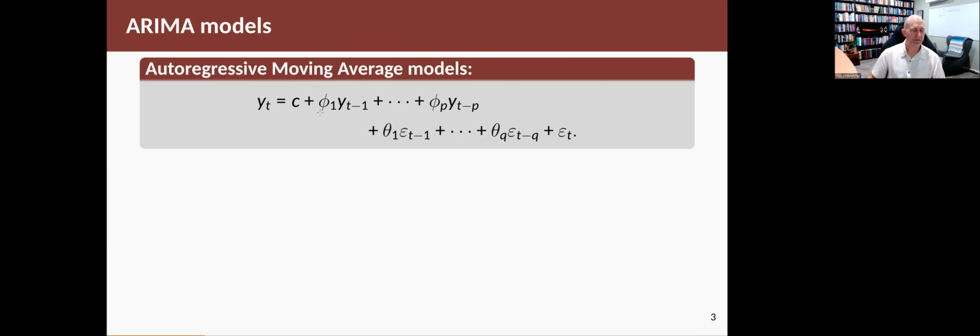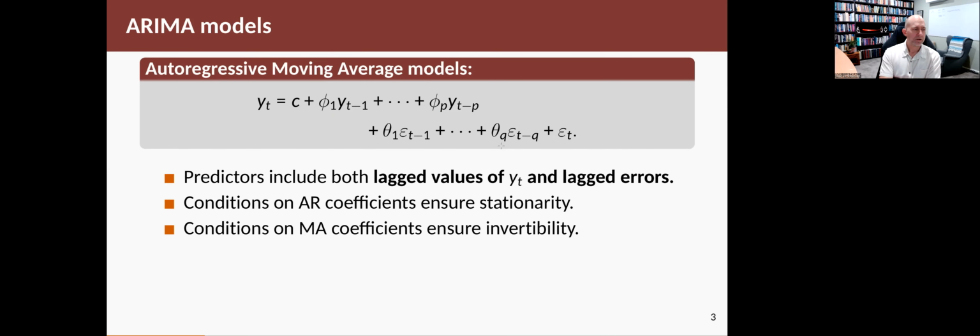The AR parts have these phi coefficients, and the MA parts have these theta coefficients. That's very standard notation. Pretty well every book will use the same notation. So your predictors or your inputs to the model include both lagged values of Y and lagged errors.